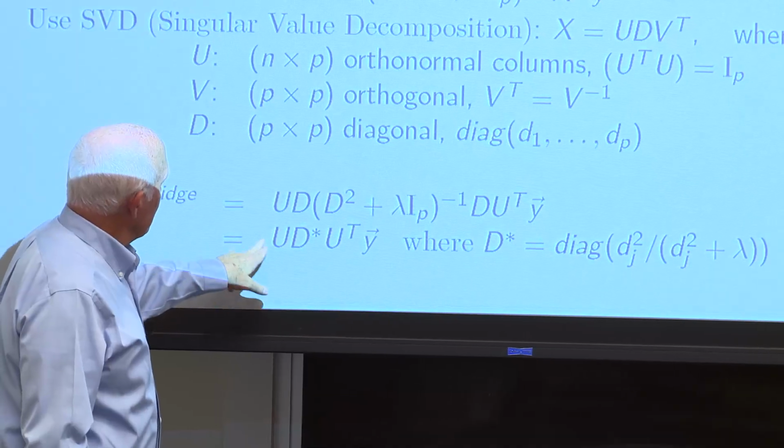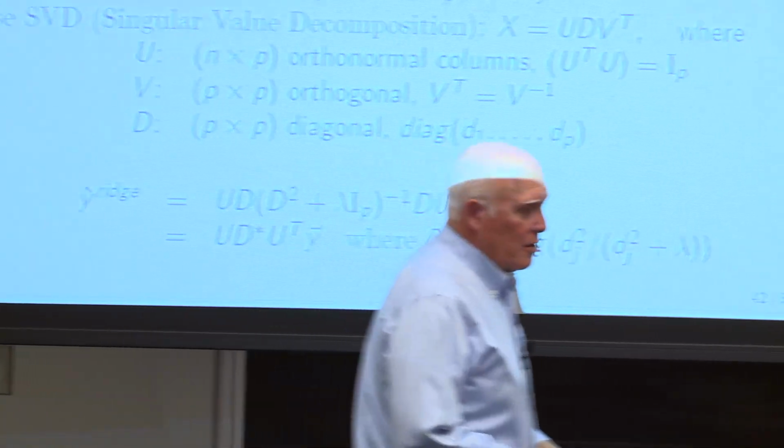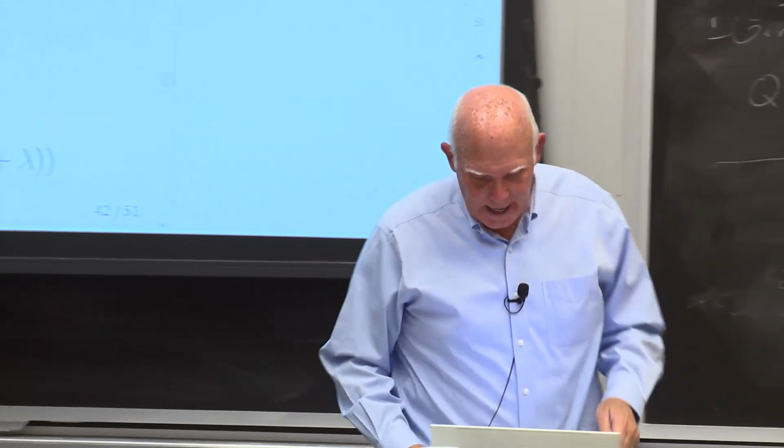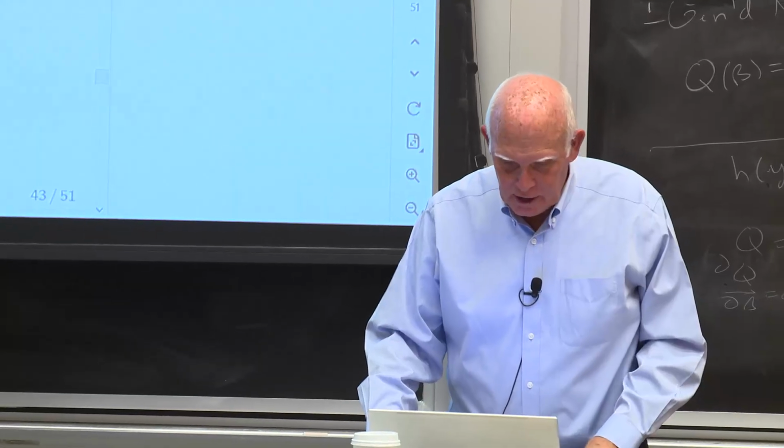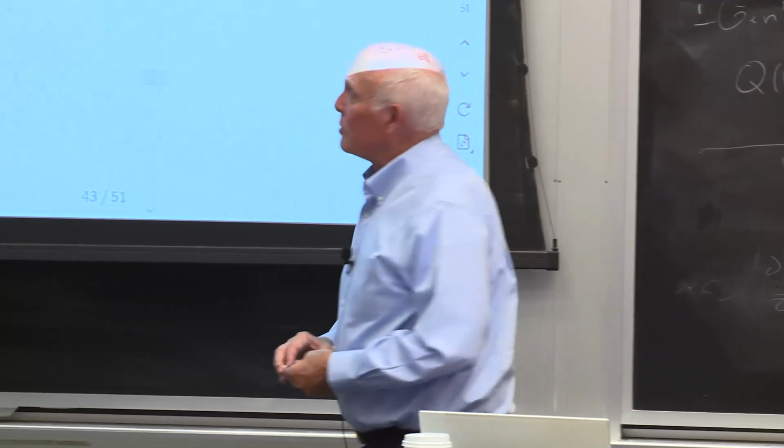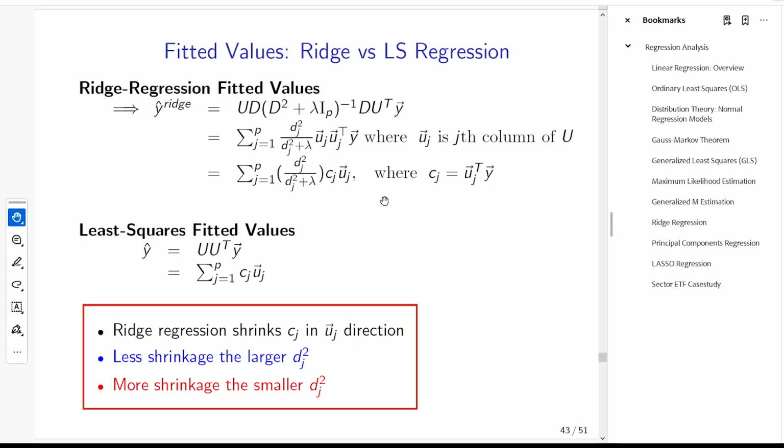We end up basically having the fitted values y hat being equal to a sum of factors times Cj Uj, where these factors are 1 when lambda is 0.